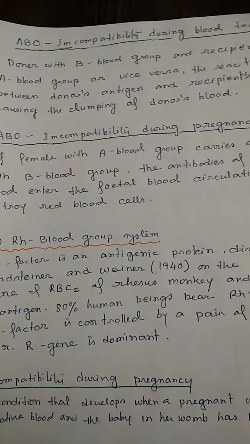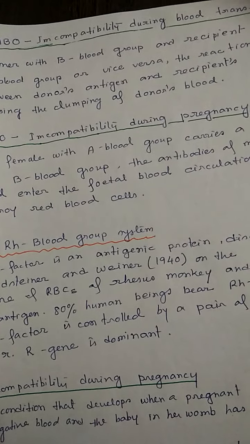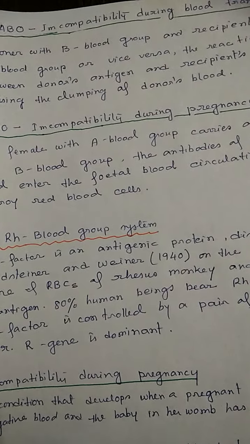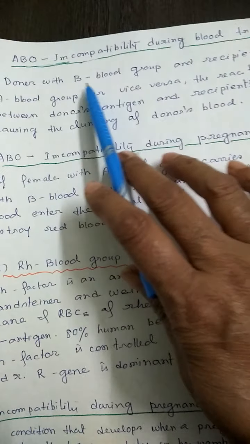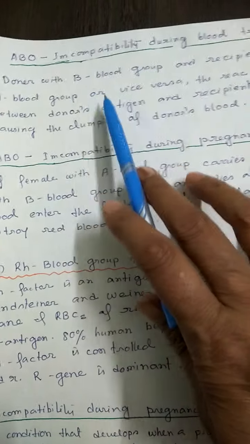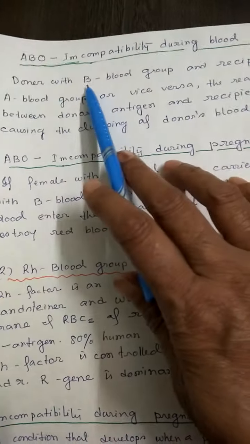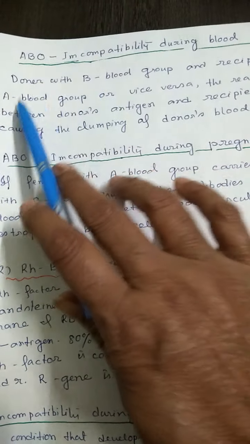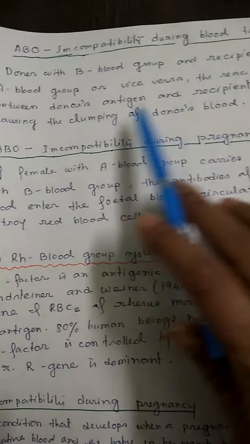Now the most important question is ABO incompatibility during blood transfusion and pregnancy. Suppose one example: donor with an A blood group and the recipient with a B blood group, or vice versa, in either case reactions occur.